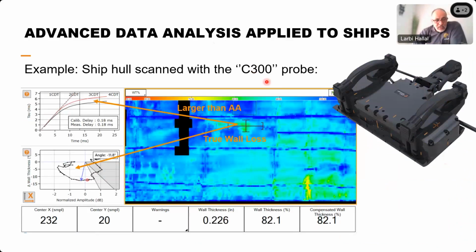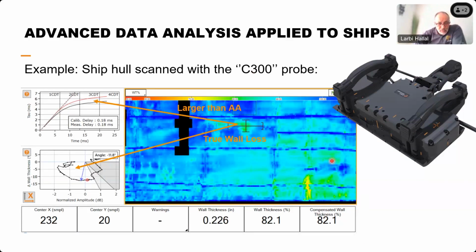What can we see from this C-scan view here? We have some dark blue lines, both horizontal and also vertical. This comes from the stiffeners inside the hull. And we have areas of interest.